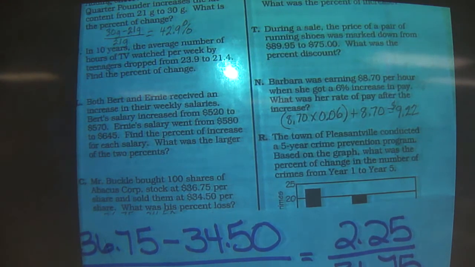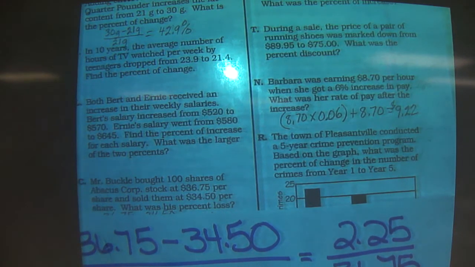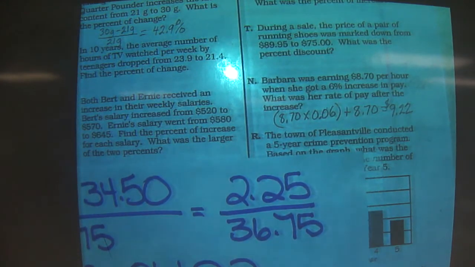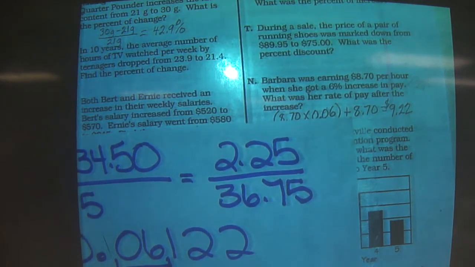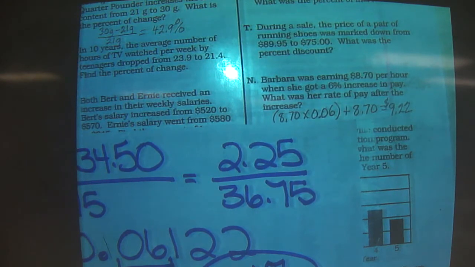Again, I'm going to use my handy dandy calculator, and it's 0.06122. So here it's going to be 6.1 or 6.2%? 6.1. So we don't round up, we keep it the same. 6.1%. Questions? We good?